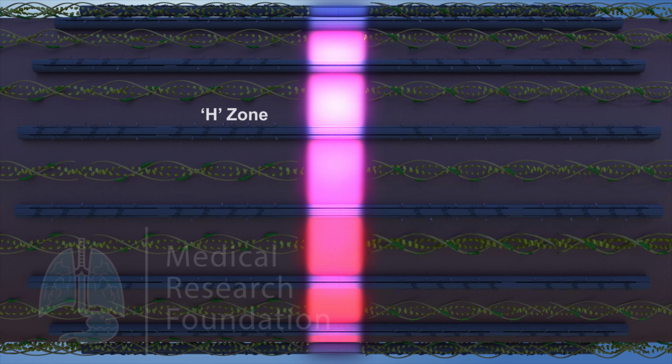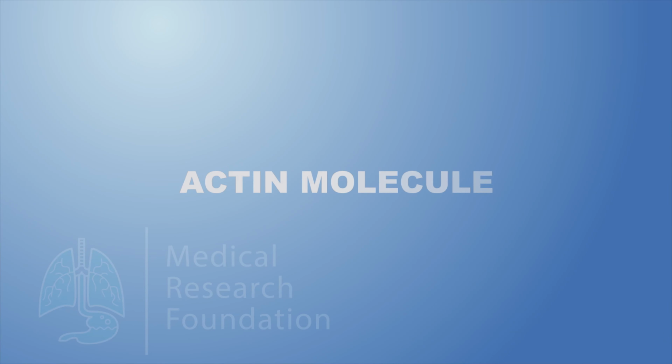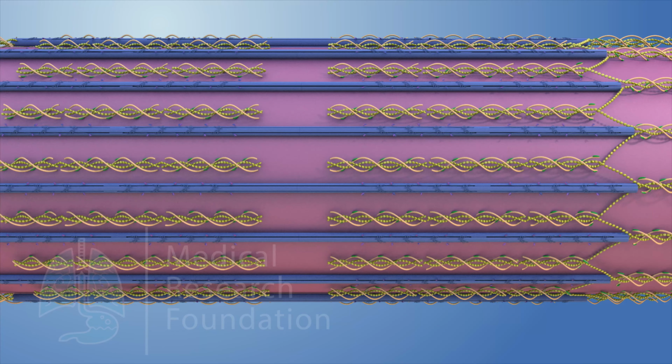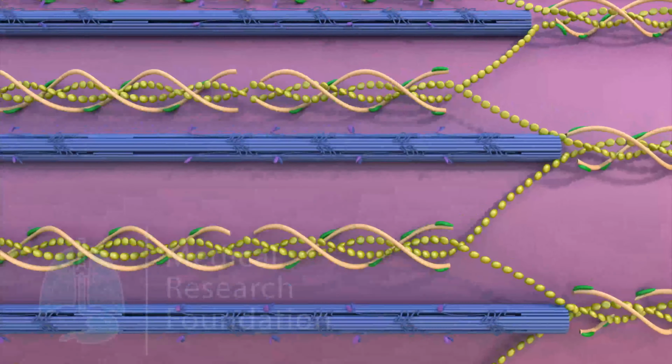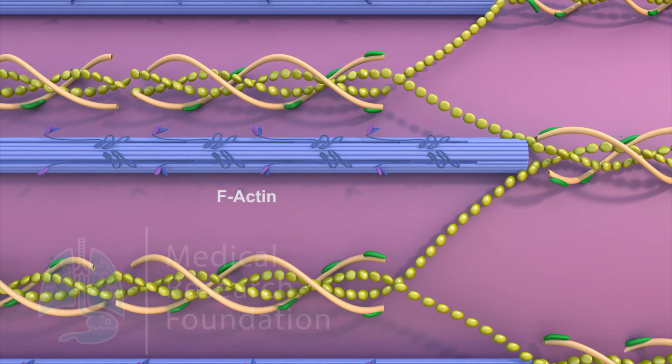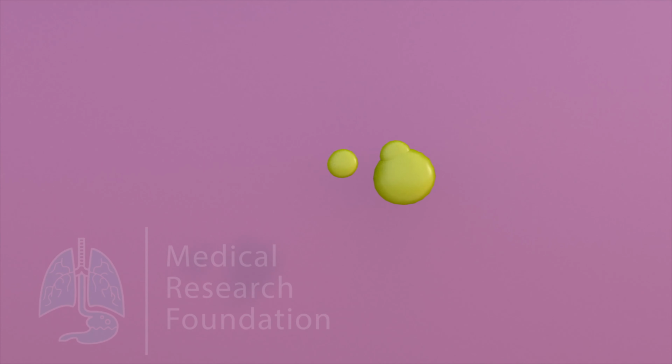Actin molecules are the major constituents of the thin actin filaments. Each actin molecule is called F-actin, and it is the polymer of a small protein known as G-actin.